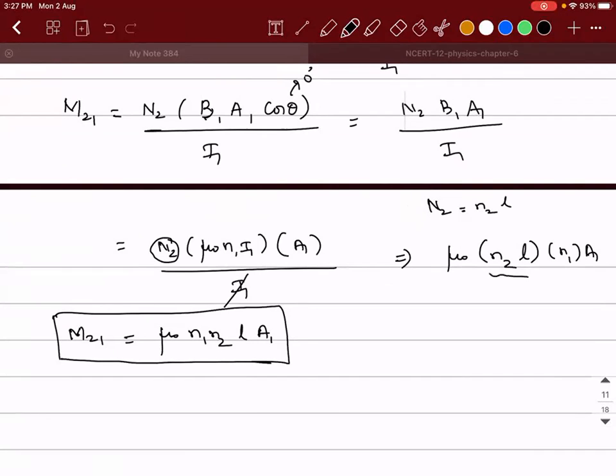So that is why n2 into L. N1 is as it is. I1 and I1 will get cancelled and A1 is left out. So it will be mu naught N1 into L into A. That's what I wrote. Is it clear? Yes, sir.